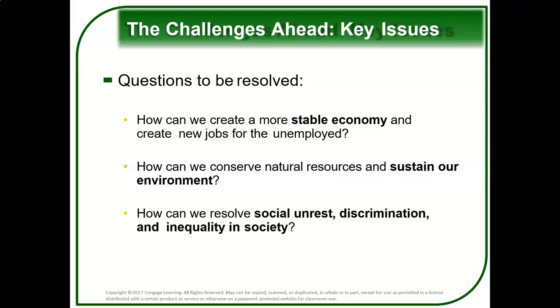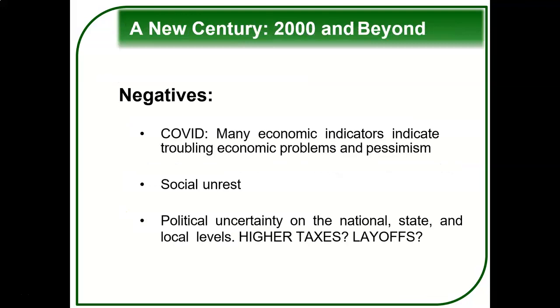And as we have seen in the protests in the last few months, we need to resolve social unrest, discrimination, and inequality. Those problems, if not resolved, can hurt our economy. So what is this new century going to offer?